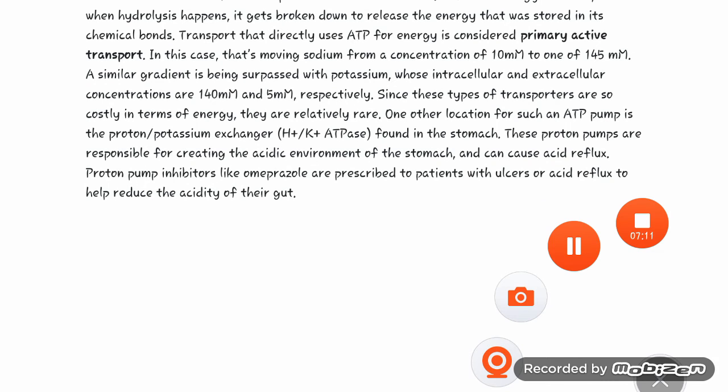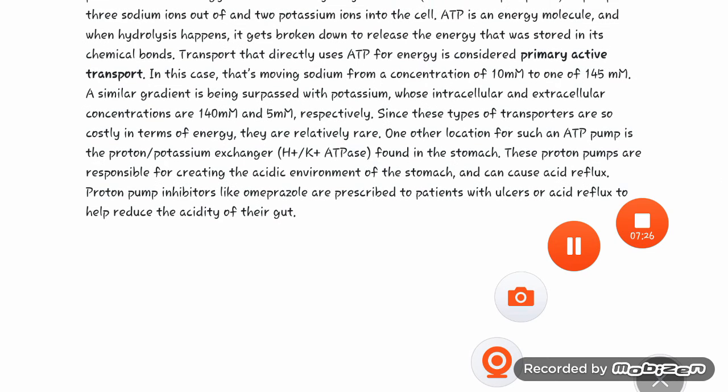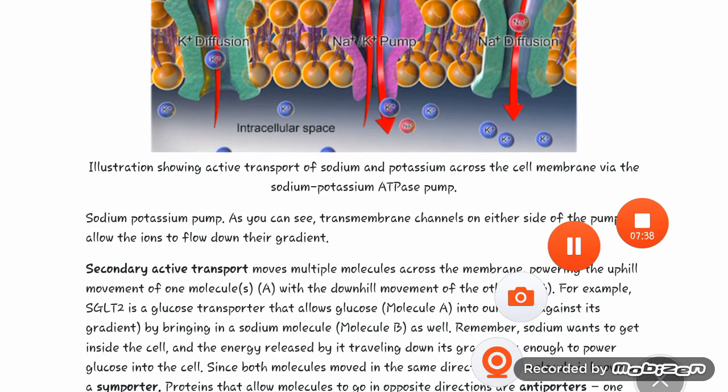Proton pumps are responsible for creating an acidic environment. As we know now, proton pumps present in the stomach create the acidic environment and can cause acid reflux. Proton pump inhibitors like omeprazole and pantoprazole are prescribed to patients to inhibit the proton pump. You can see the diagram here.